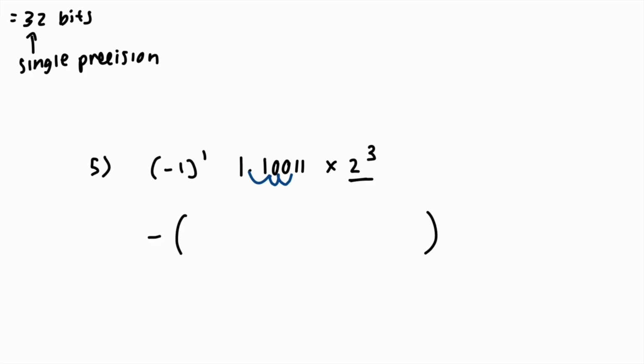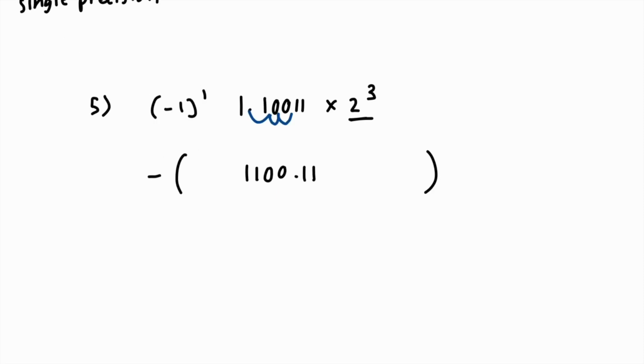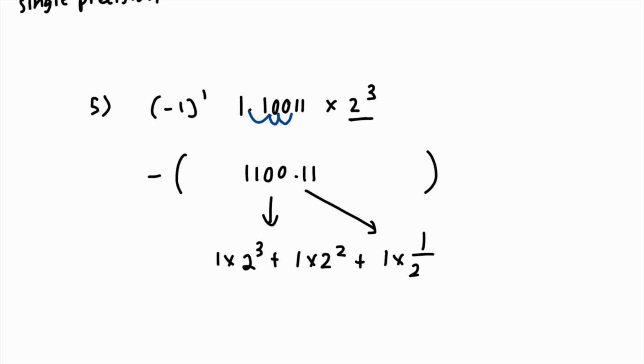So we get 1100.11. This in binary and decimal is equivalent to 1 times 2 to the third plus 1 times 2 to the second plus, and then in our fraction form, we have 1 times 1 over 2 to the 1 plus 1 times 1 over 2 to the second.